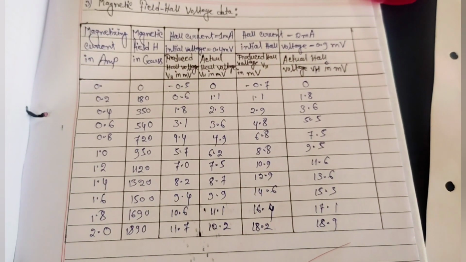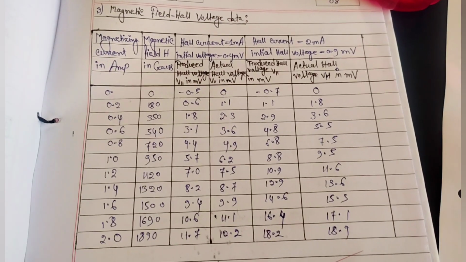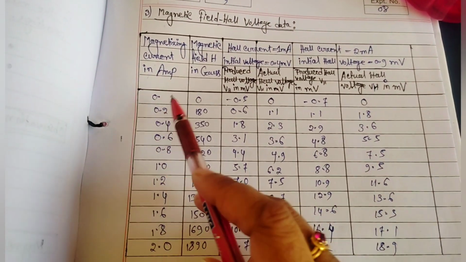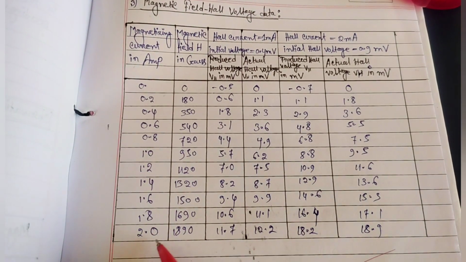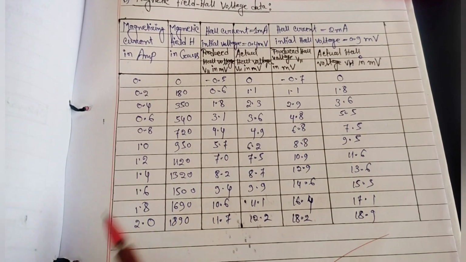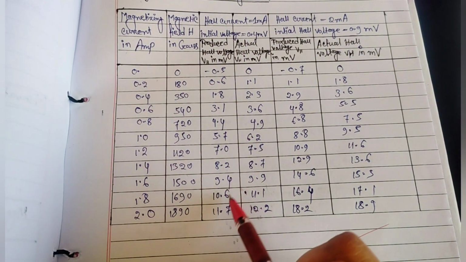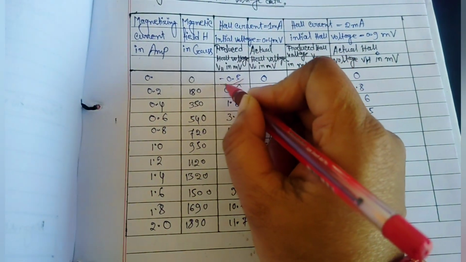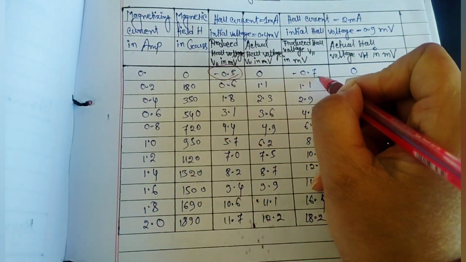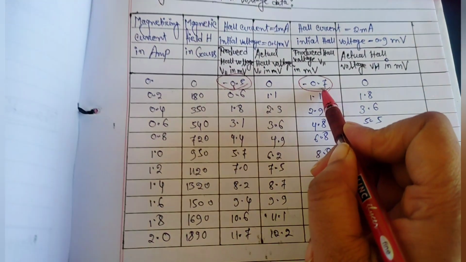The second table is magnetizing field versus Hall voltage data. So we are changing magnetizing current, just like before in the first table, and the change in magnetic field we are copying from the first table, and here we are taking Hall voltage data. Okay, so this is the initial Hall voltage reading for current 1 milliampere, for current 2 milliampere.